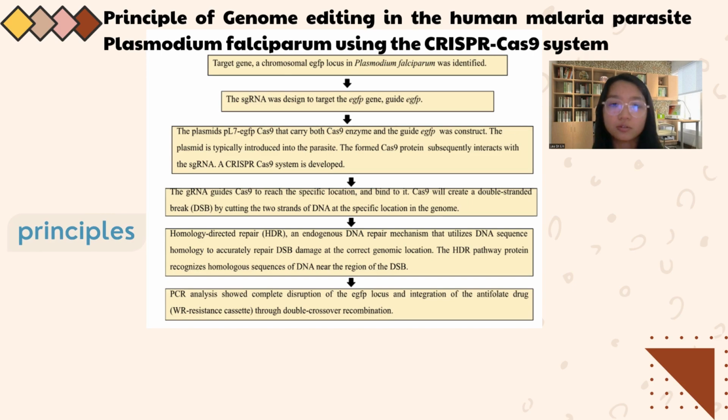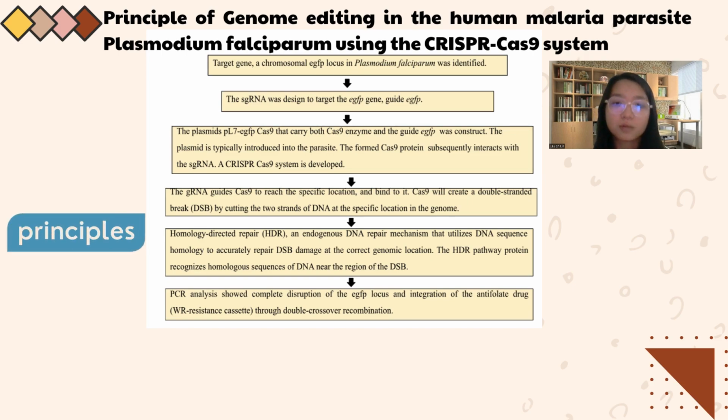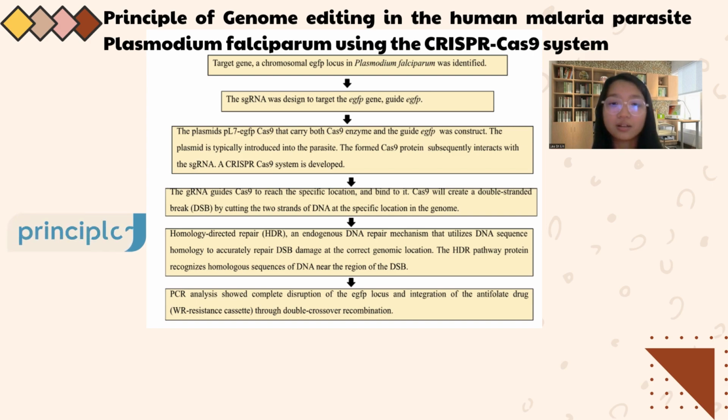The purpose of creating the DSB is to disrupt the original sequence of the targeted gene so as to eliminate the causative agent that will cause the malaria disease.